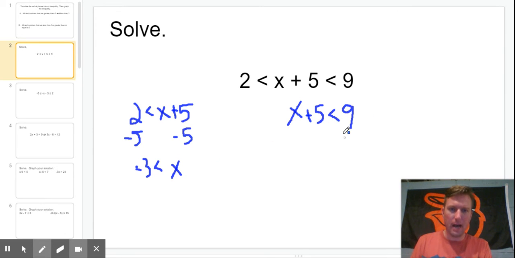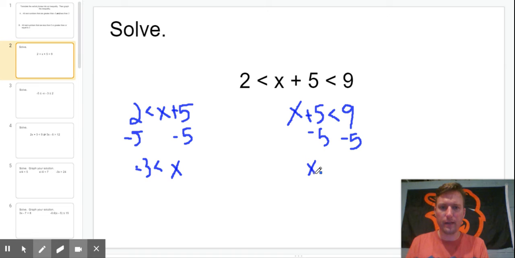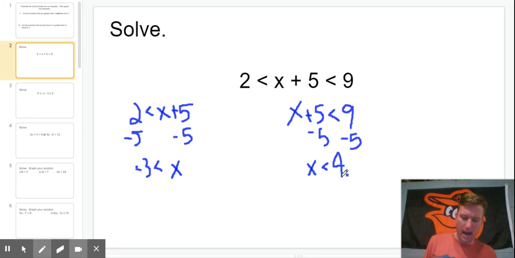And then over here, I'm going to do the same thing. I'm going to subtract 5 to get my x by itself. And if I do it on one side of the sign, I have to do it to the other. So now I'm left with x is less than 9 minus 5, which is 4. So now I have negative 3 is less than x, and x is less than 4.